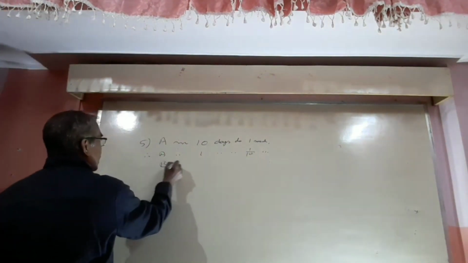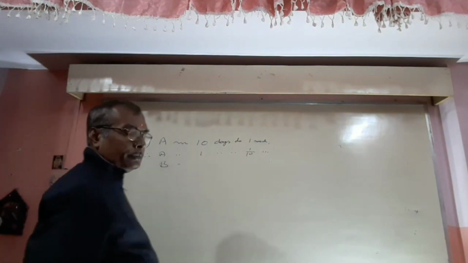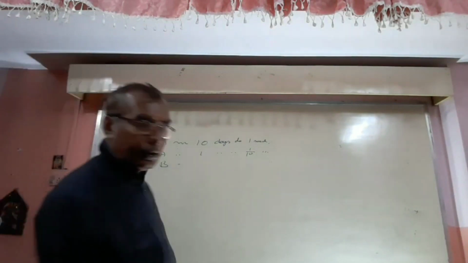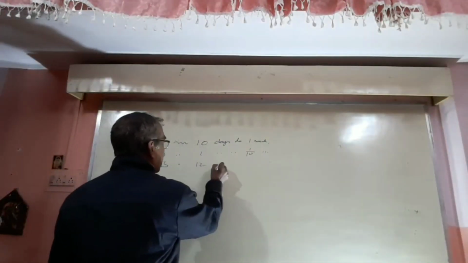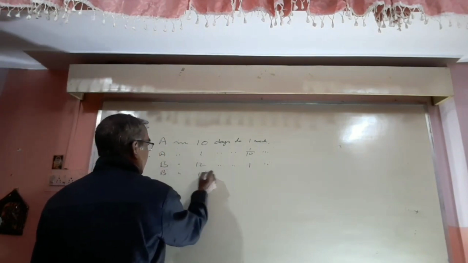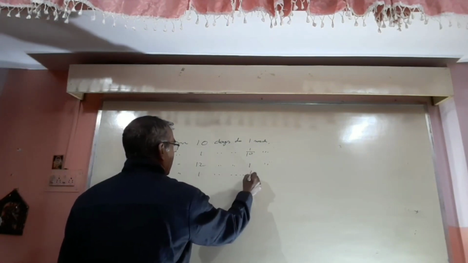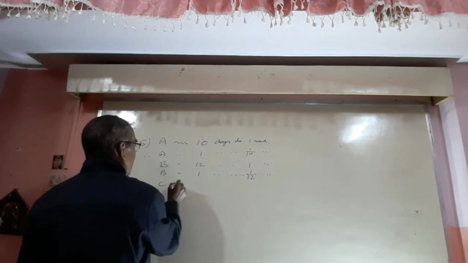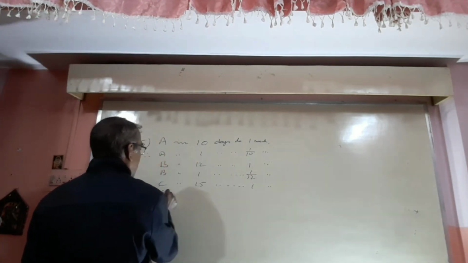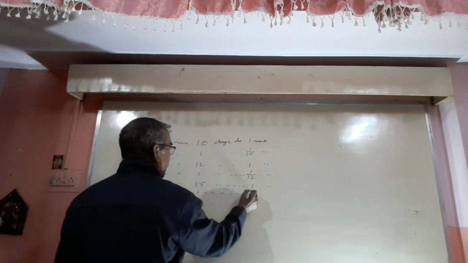Similarly, B in 12 days does how much work? 1 work. So B in 1 day does how much work? 1 by 12 work. And C in 15 days does how much work? 1 work. So C in 1 day does how much work?